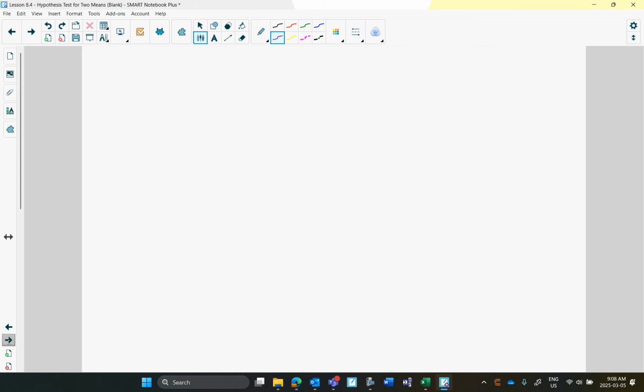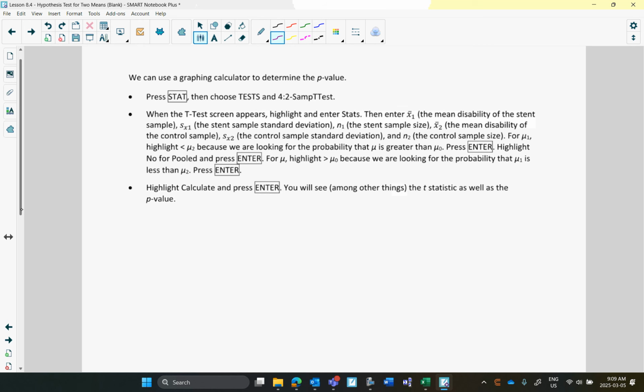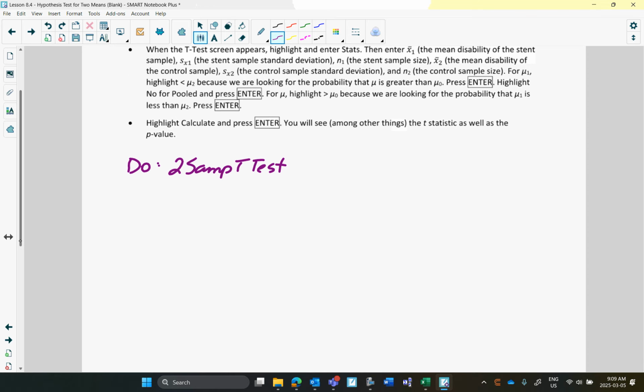So the do phase, here's how we do it. What are we doing this time? Two-sample t-test. When you pull that one up on the calculator, two-sample t-test is number 4.